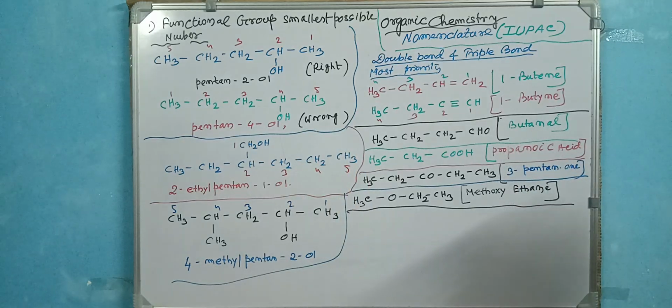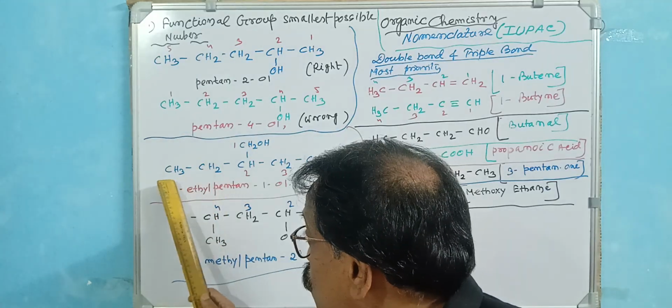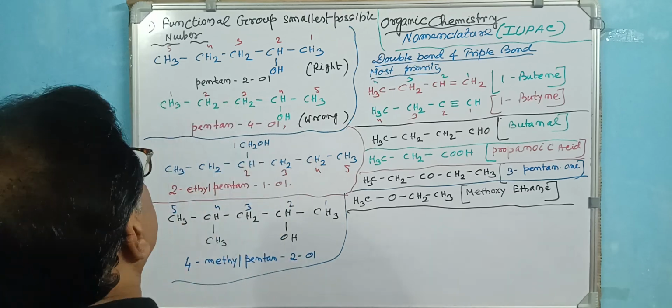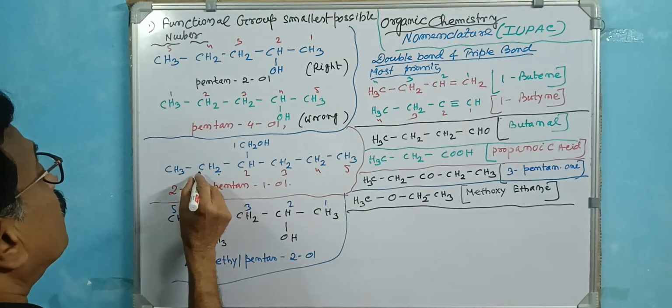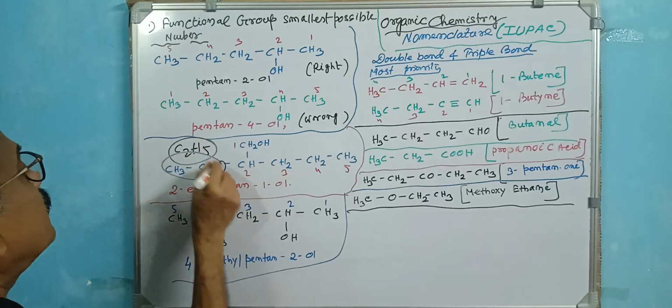This is pentane. And what is on the first? This is actually ethyl, C2H5. This part is C2H5.